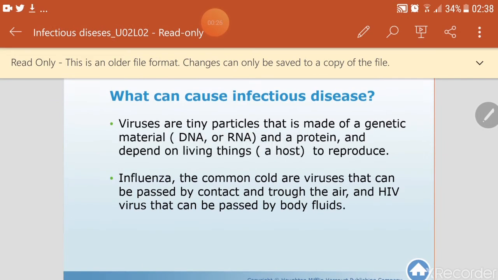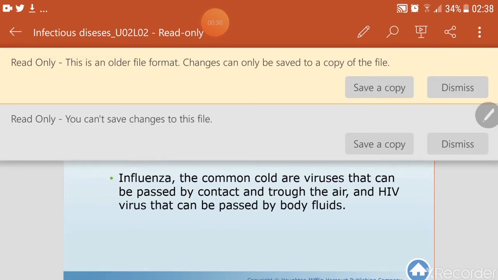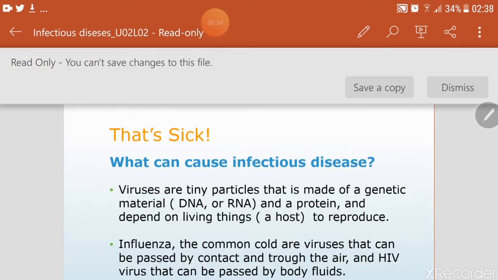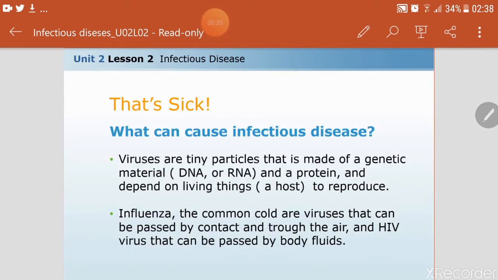Viruses, as what we learned before, are tiny particles. We don't say here organisms because we know that viruses are not organisms, not living things. Why not living things? We said because they don't have all the conditions that should exist in a cell to be a living cell.